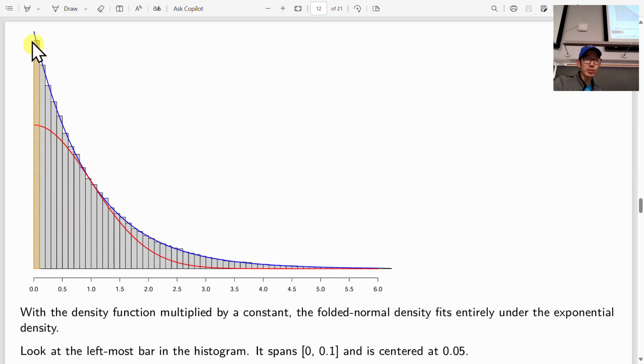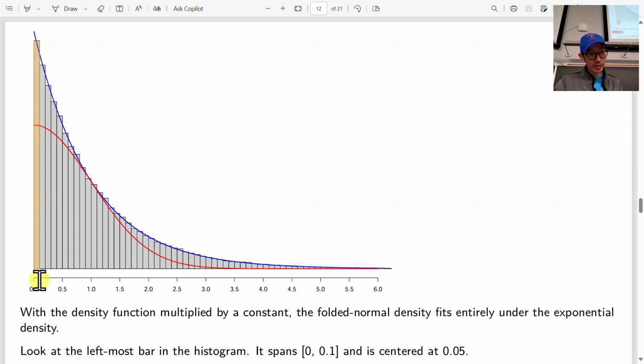So when you scale up the proposal distribution g, now the entire PDF f fits underneath M times g, or you can also think of this as the PDF f divided by M fits underneath g.